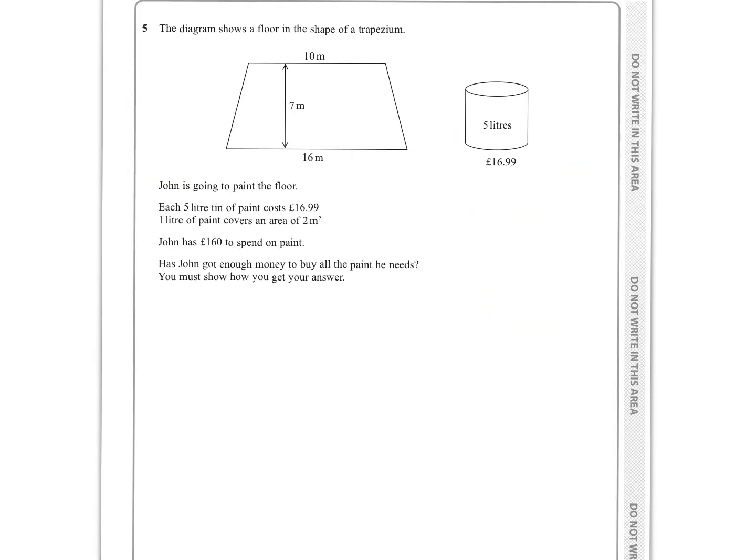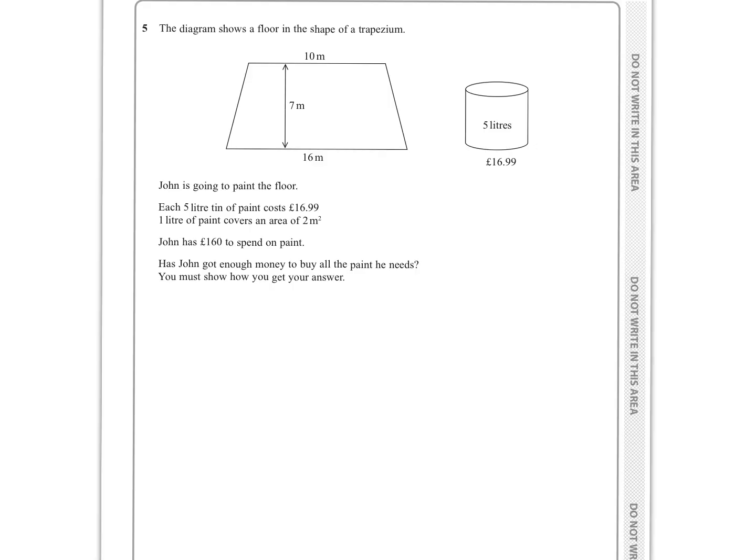Question 5. The diagram shows a floor in the shape of a trapezium, and John is going to paint the floor, gives you information about the costs and how much 1 litre covers, an area of 2 metre squares. He has £160 to spend on paint, and we've got to see, has he got enough money to buy all the paint that he needs?